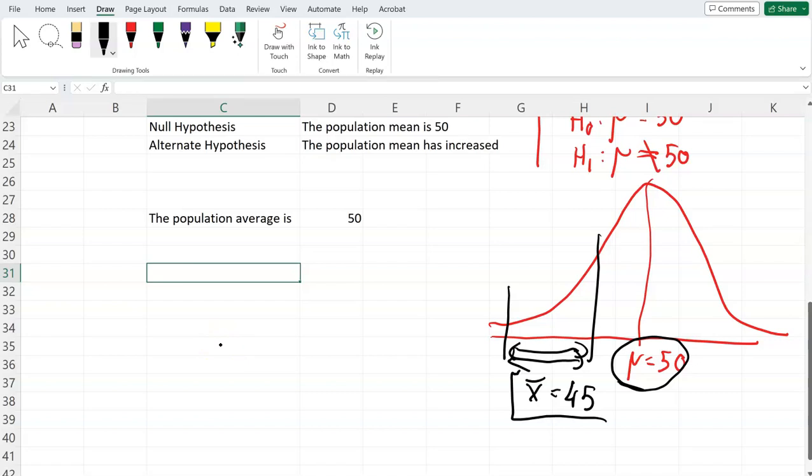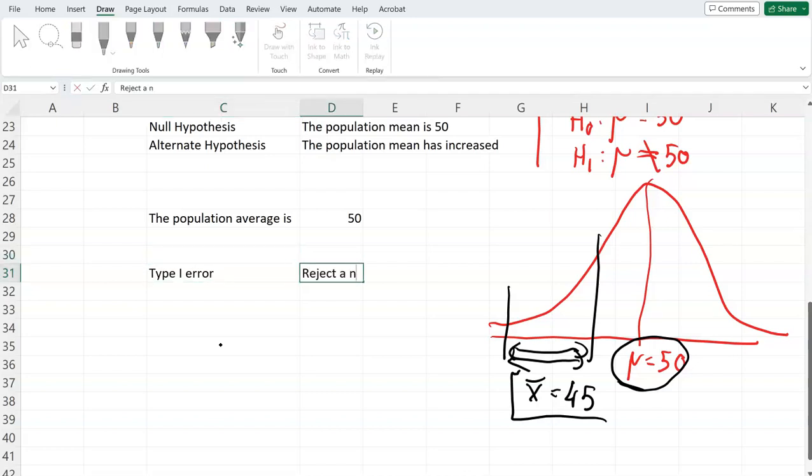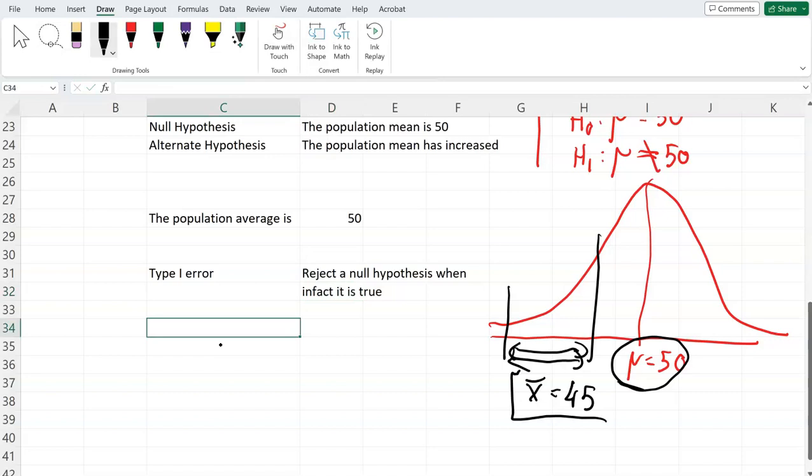One is called a type 1 error. Type 1 error is when we reject a null hypothesis when, in fact, it is true. So type 1 error is telling us we're making something like this. We have collected a sample which has a lower sample average or a much higher sample average.